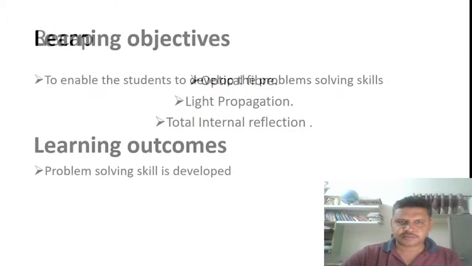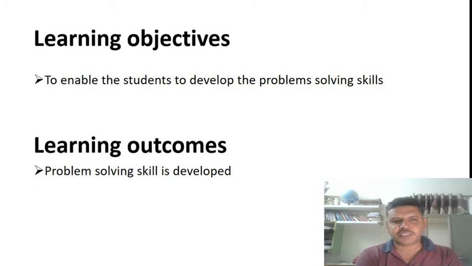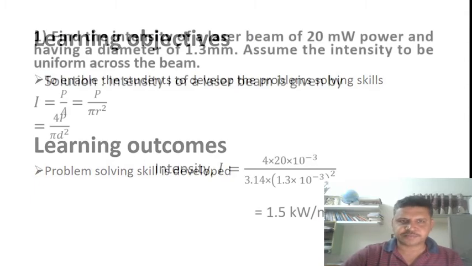So today we are going to understand how to develop problem-solving skills in numerical aperture or attenuation concepts. After knowing the discussion of this concept, we are going to develop the solving of problems.